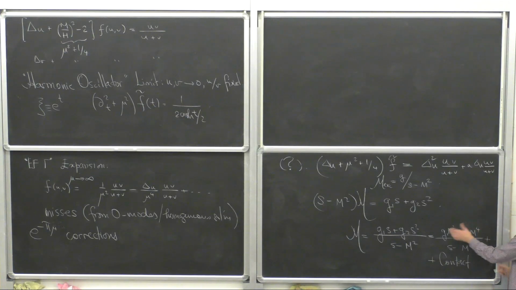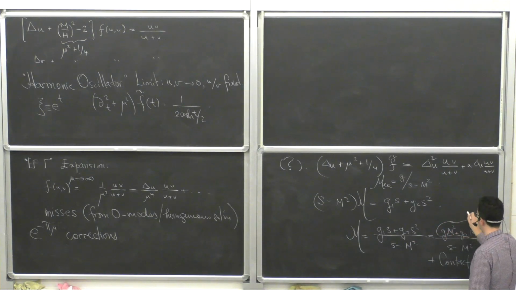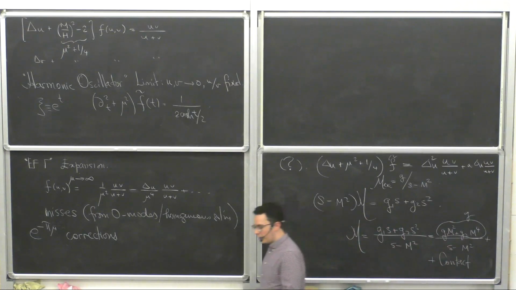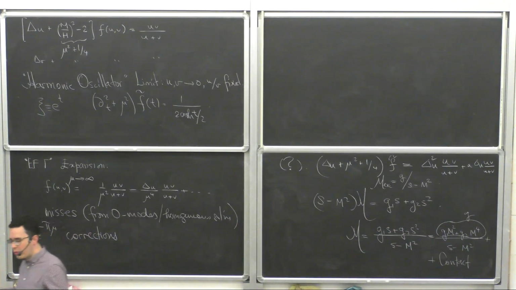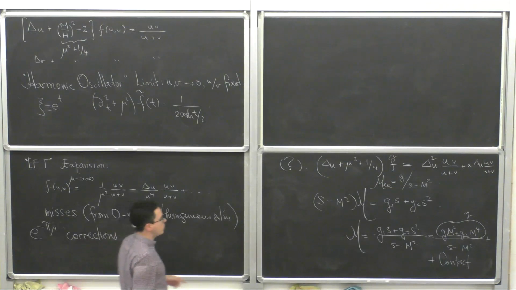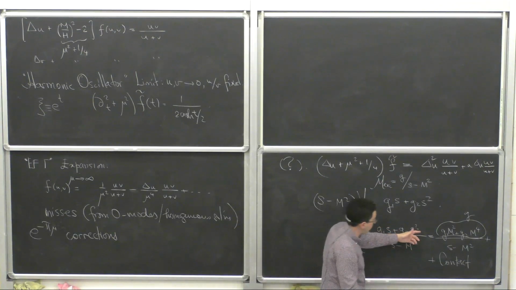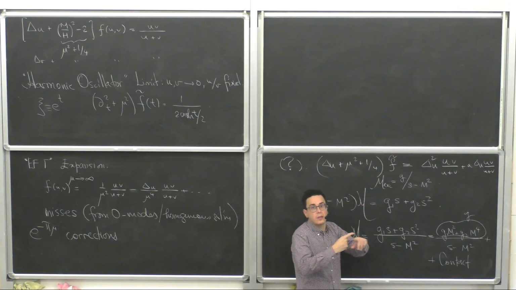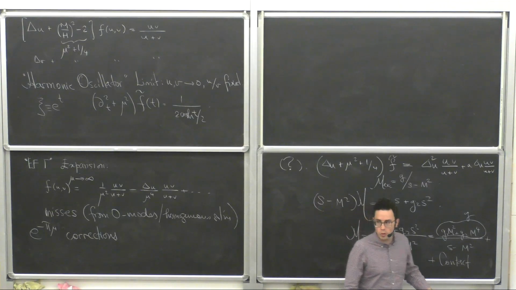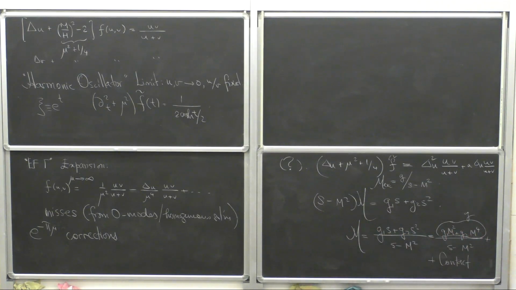Okay? And this you can just call G. So the true signature is the pole. So you can rewrite the answer as contact interactions. You can decide to just put under the same denominator the contact interactions and the exchange, but the true signature of exchange of a particle is the pole. Okay?